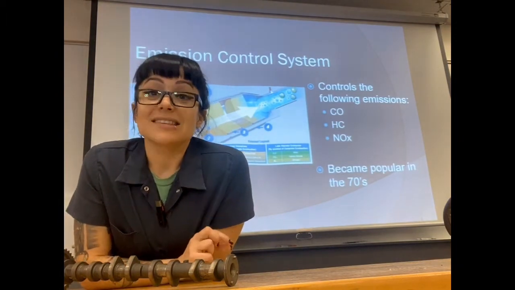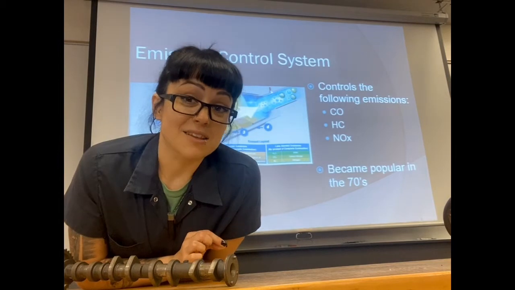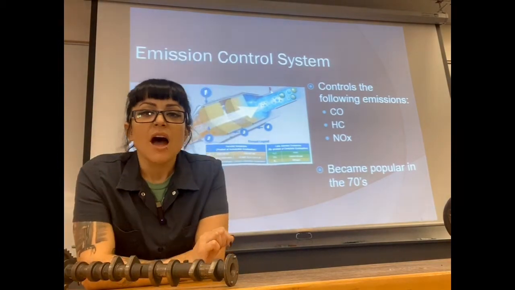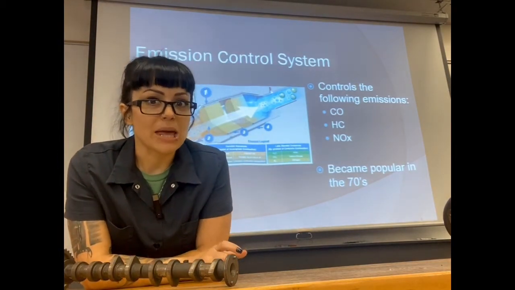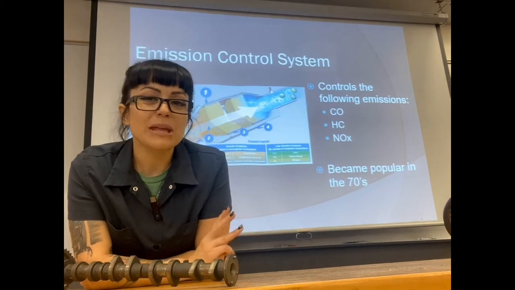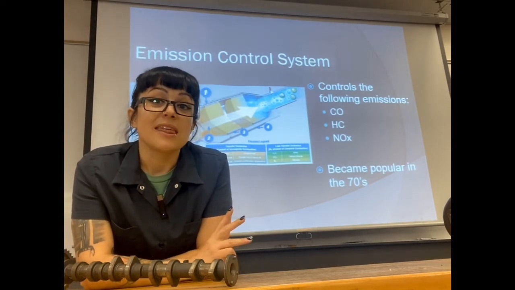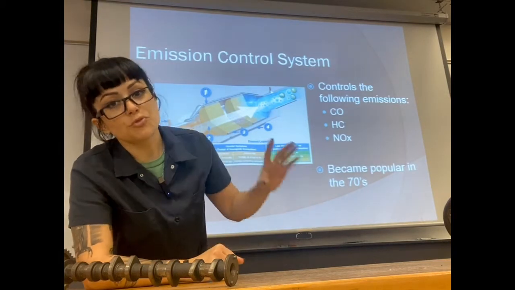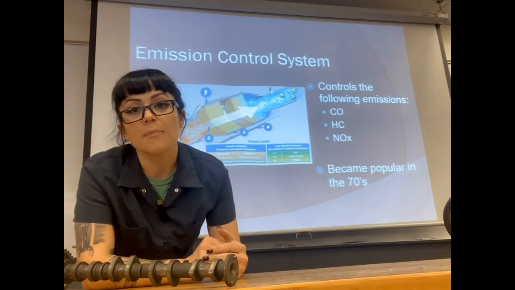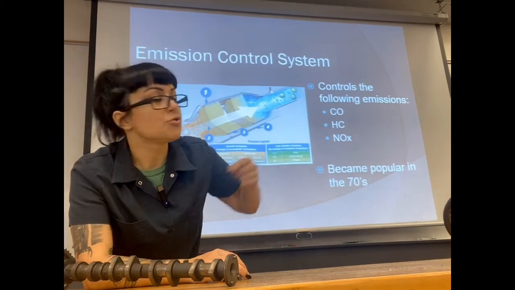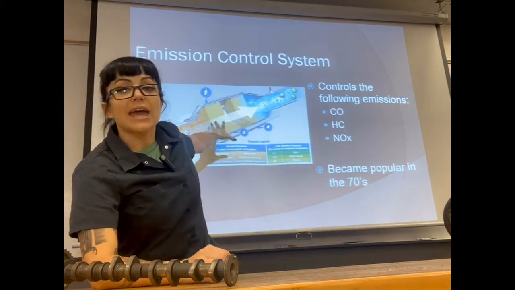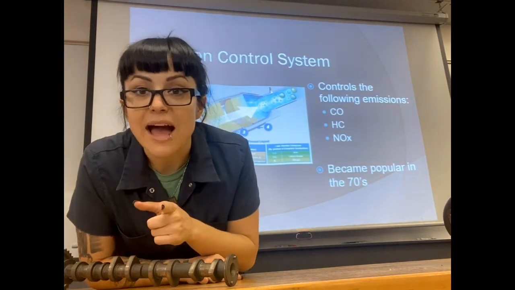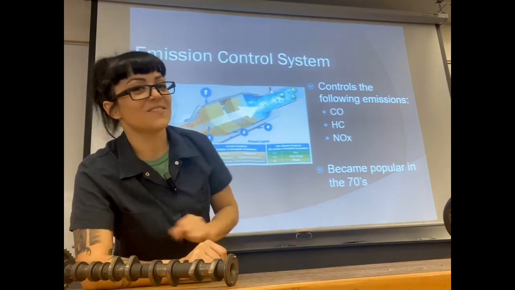And then NOx is not NOS, so please don't mix those two up because that's embarrassing. NOx is oxides of nitrogen. The X is a variable. We'll get into how those are made later on, but those are 3 emissions that are dangerous, that are emitted into our atmosphere that we need to clean up. So our emission control systems clean those up via different emission controls. The picture I have here is your catalytic converter, not Cadillac converter, catalytic converter.